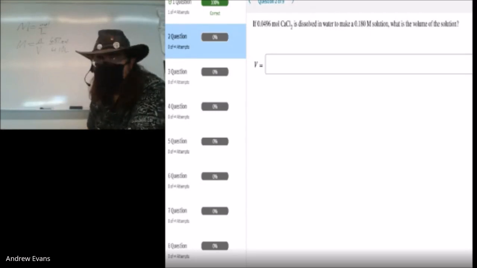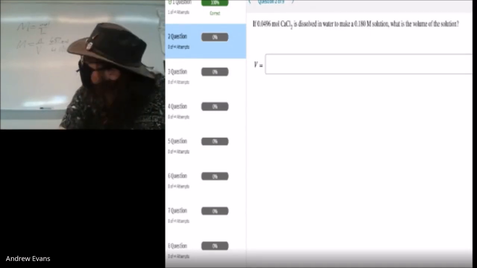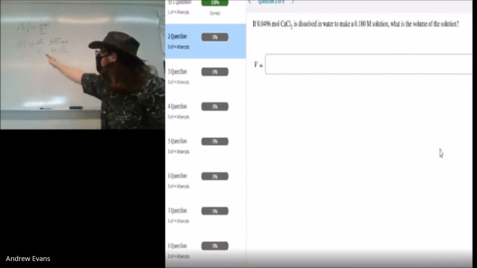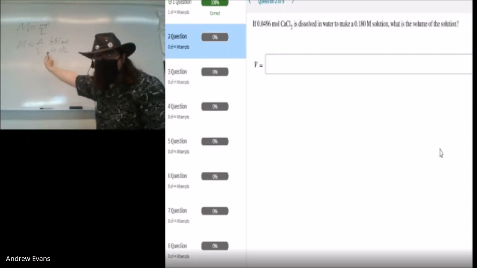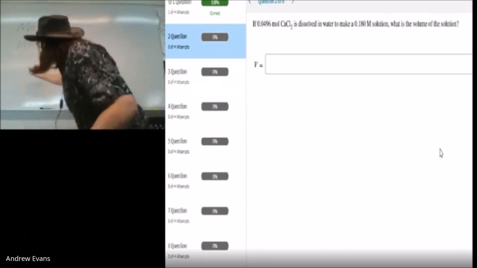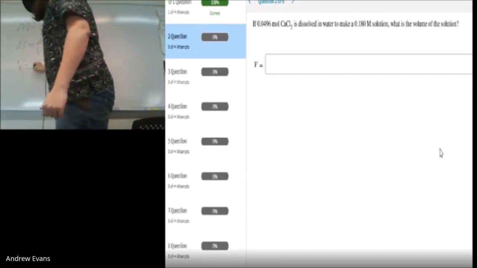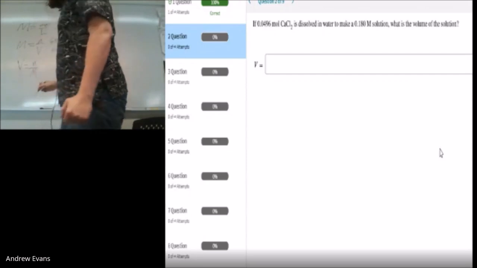And it needs to be in milliliters. You have to check that. Rearranging my molarity equation to give us volume, volume in liters equals moles over molarity.